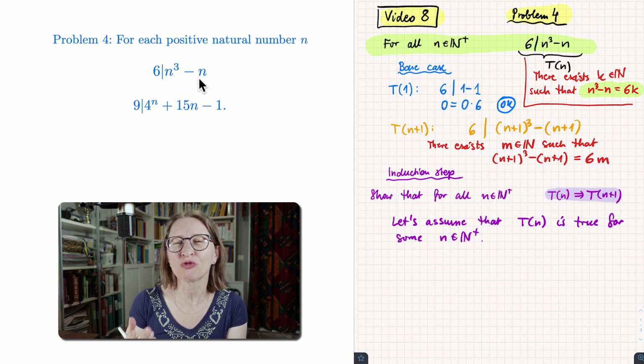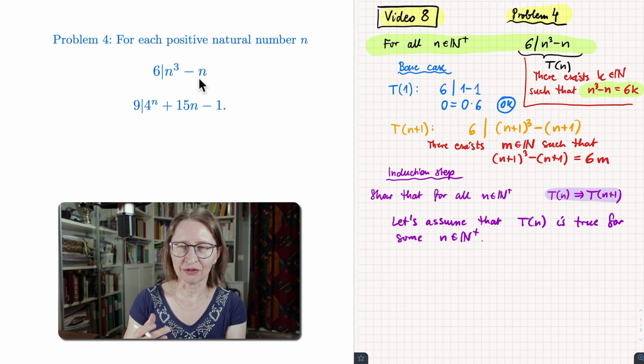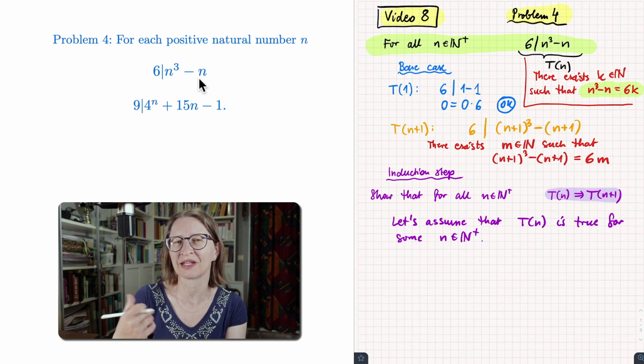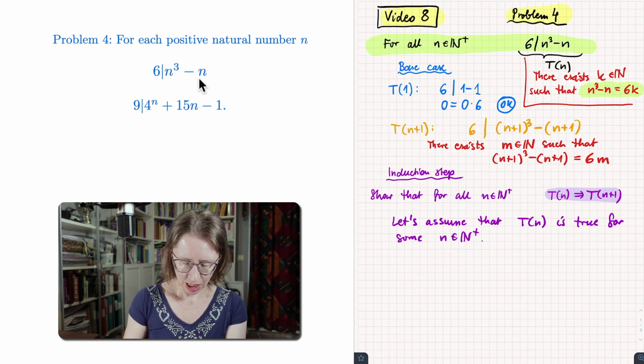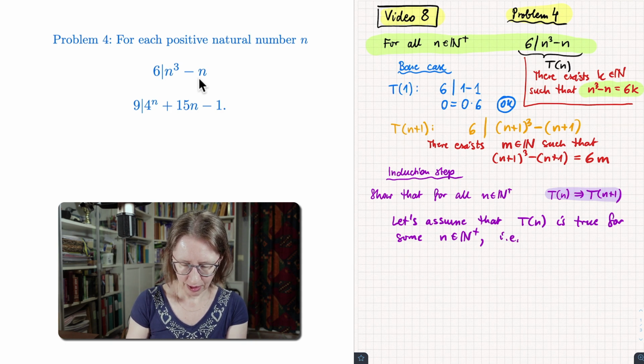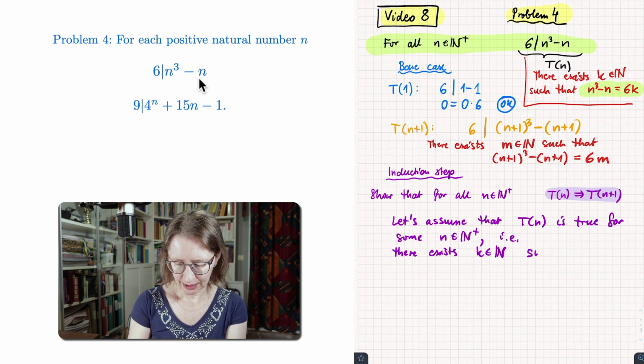And we have to prove, of course, that this means that the thesis T is also true for the next natural number. So this is our induction assumption. And this means there exists a k belonging to natural numbers such that n to the third minus n is equal to 6k.